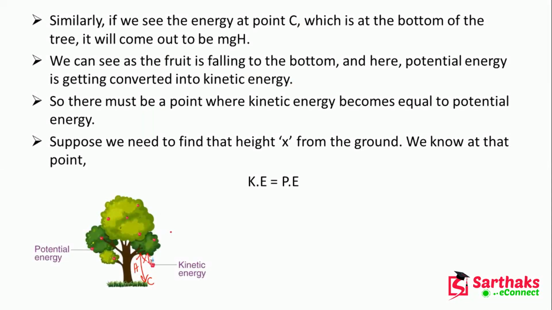So there must be a point where kinetic energy becomes equal to potential energy. We need to find the height x from the ground, so we have to apply this derivation.